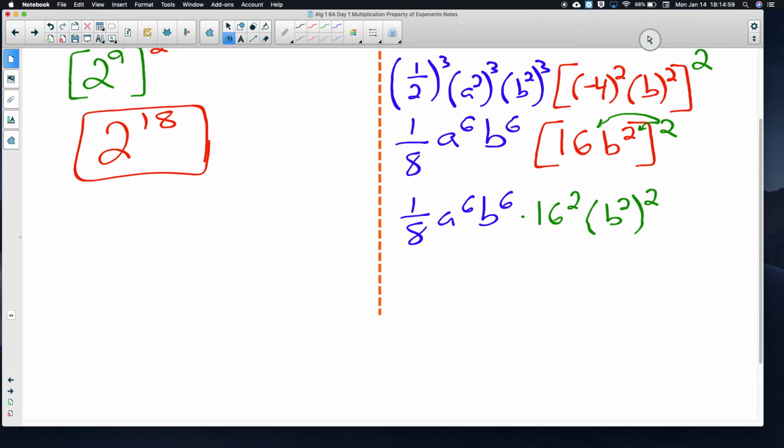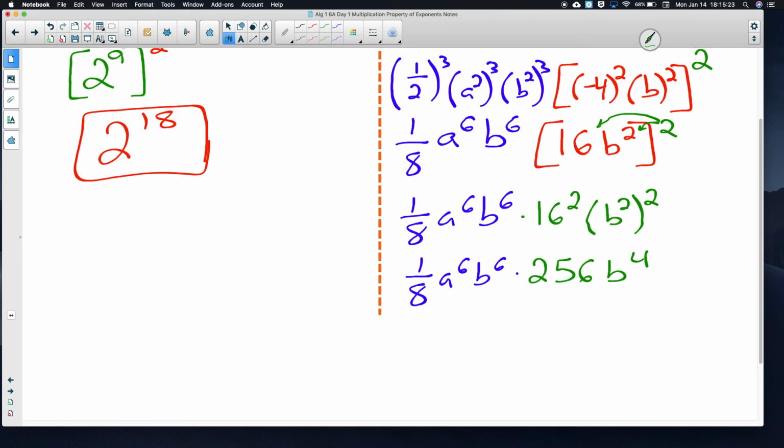I know it's a long problem. Stay with me. So I've got 1/8 a to the 6th b to the 6th times 16 squared, that is going to be 256. b squared to the second power, power to a power, I'm going to multiply those together. That's going to be b to the 4th.